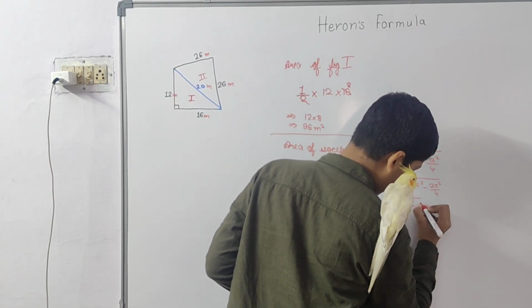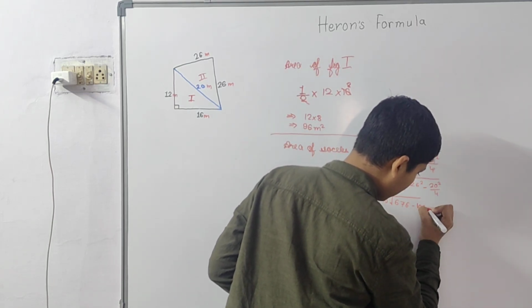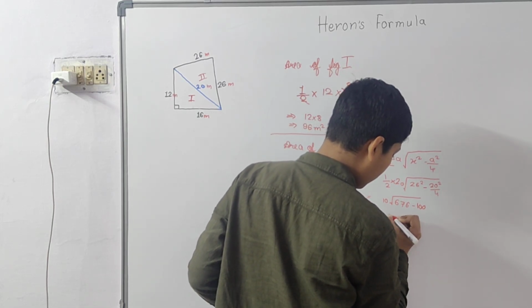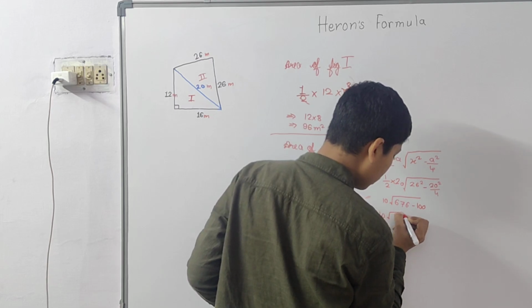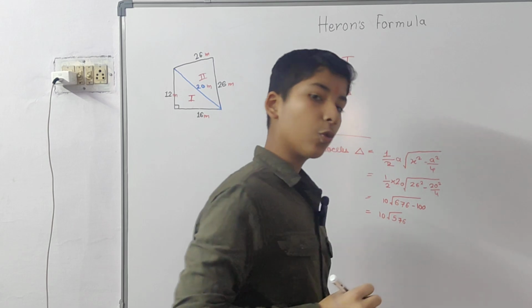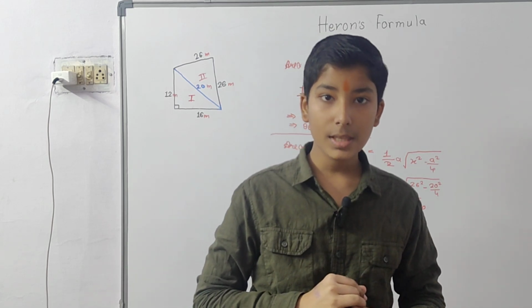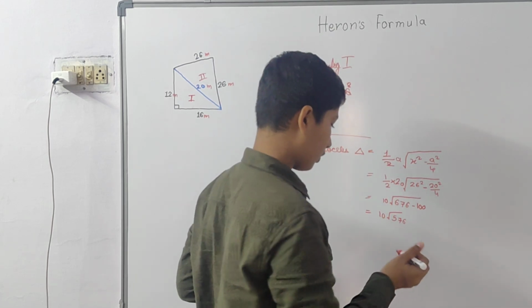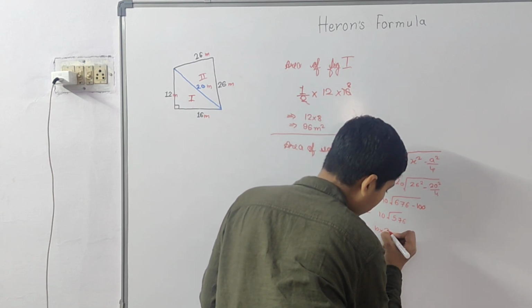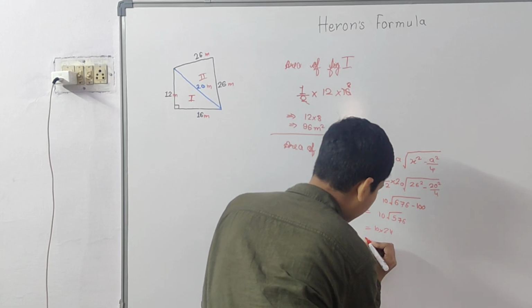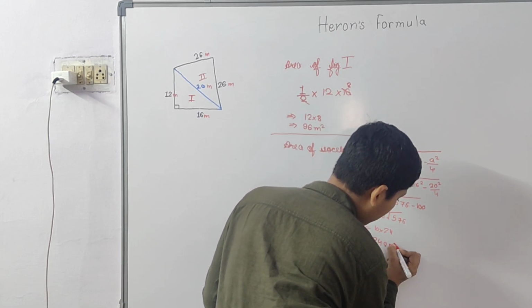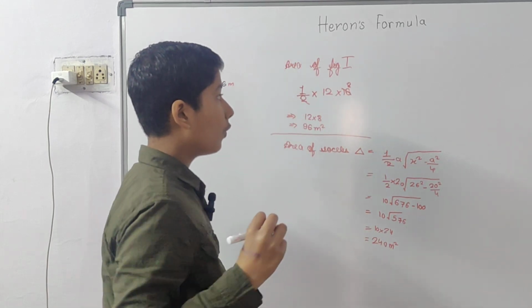So 676 minus 100 is 576. 10 root 576. 576 is the square of 24. So 10 into 24 is 240 meter square.